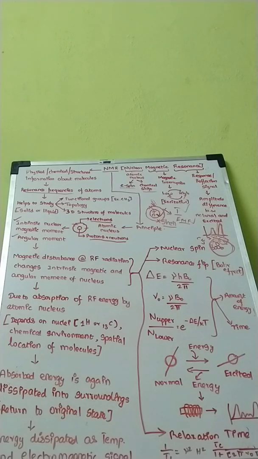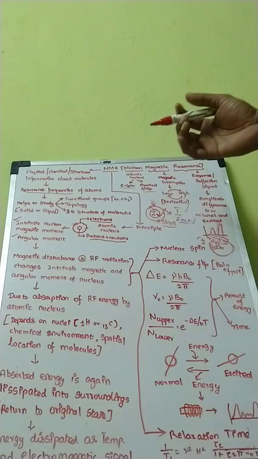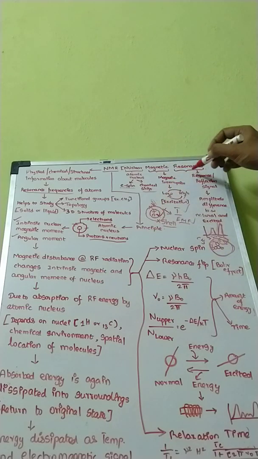You are exciting the atom and allowing the atom to come down to its normal level. Depending on the amount of energy absorbed by the atom, the energy released from the atom also varies, and you are studying the amount of energy released and trying to find out what kind of molecule or atom it is by understanding this concept called resonance.